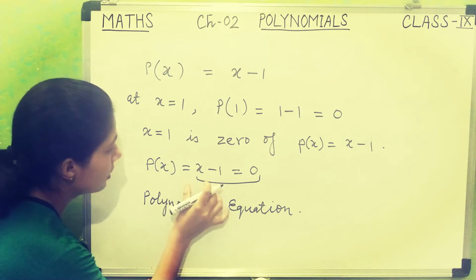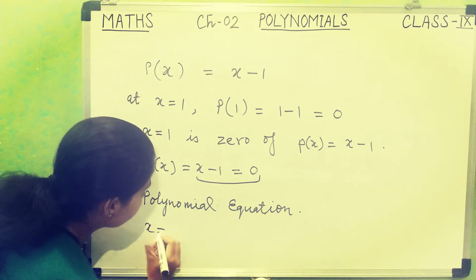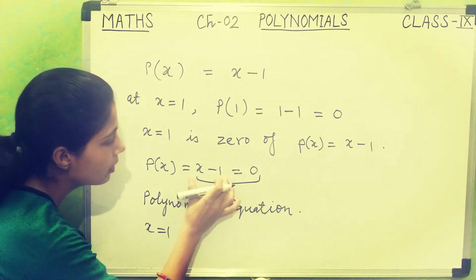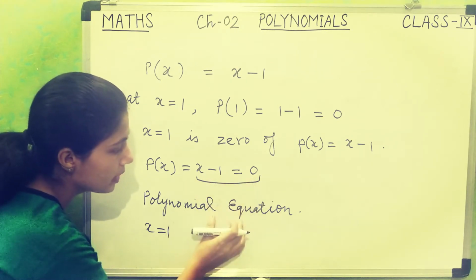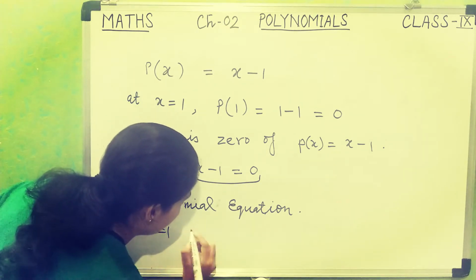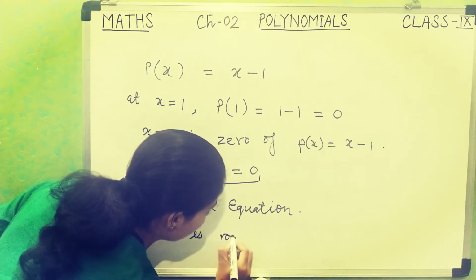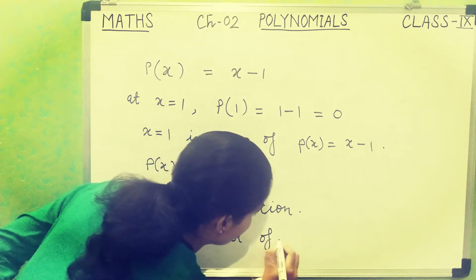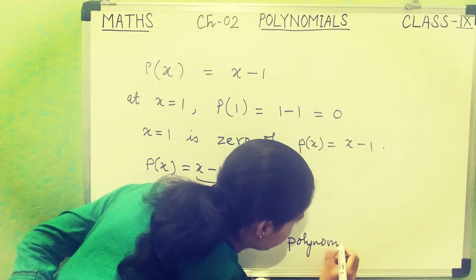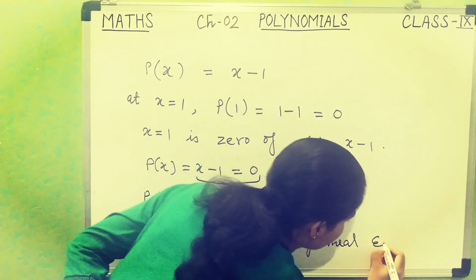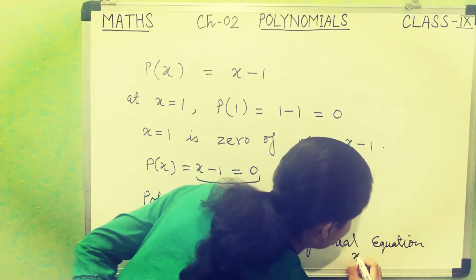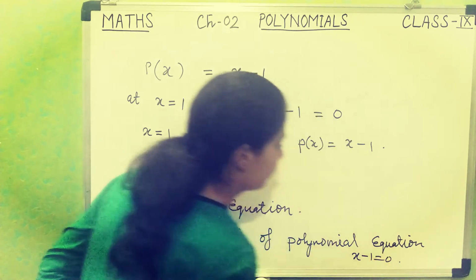See here, x equals 1. Because you are equating this polynomial with 0, it becomes an equation. In this case, x equals 1 is a root of the polynomial equation x minus 1 equals 0.